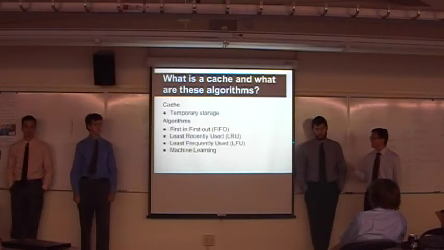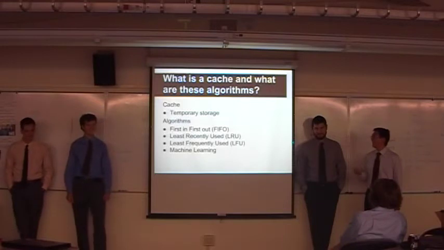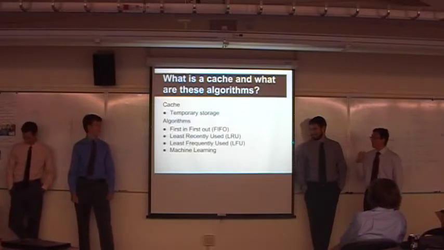The least frequently used will, you guessed it, evict the least frequently used. And then we will try to implement machine learning, which will use past user experiences in order to find what you want to cache.